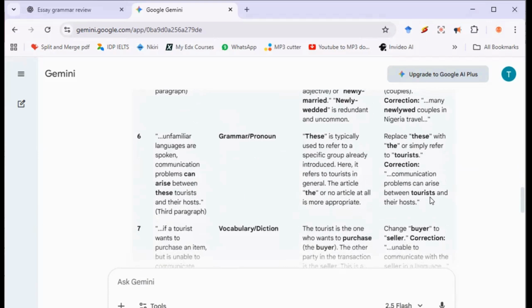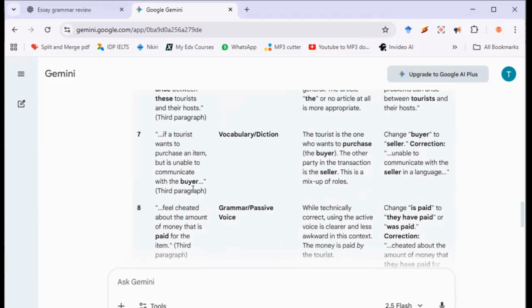All right. Then the next one says, unfamiliar languages are spoken. Communication problems can arise between these tourists and their hosts. So what's the correction here? Communication problems can arise between tourists and their hosts. So he says we should remove the word these, or simply refer to tourists.